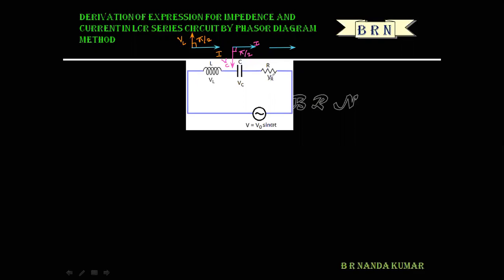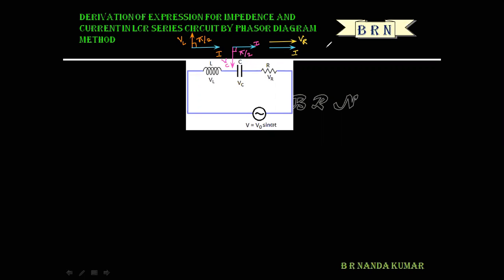So the potential difference across R, that is VR, is in phase with the current.